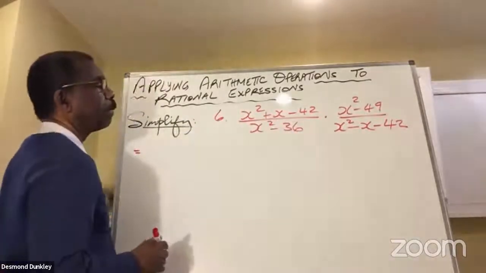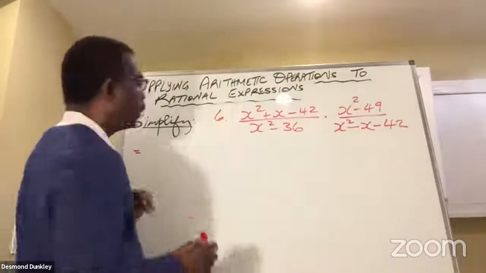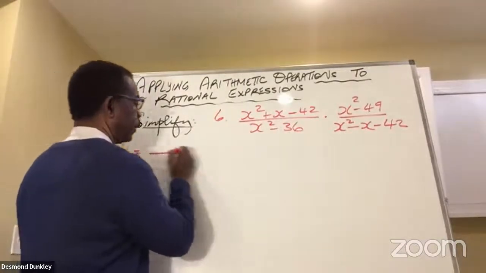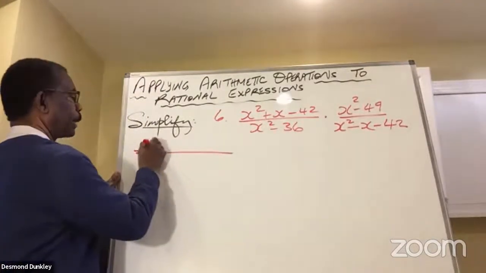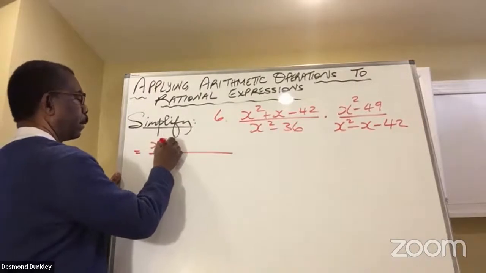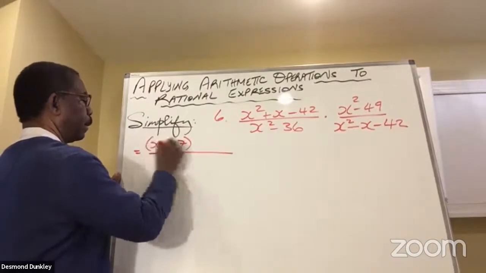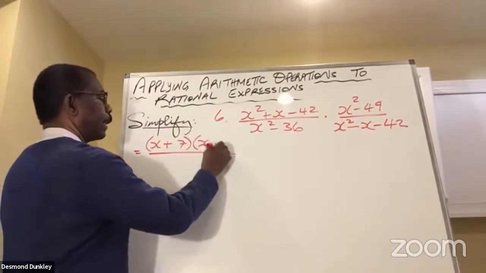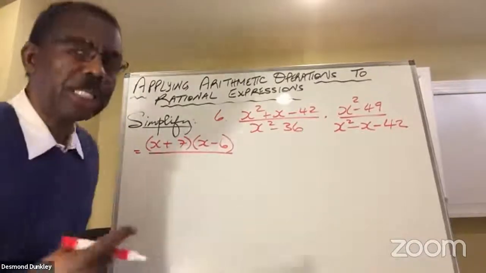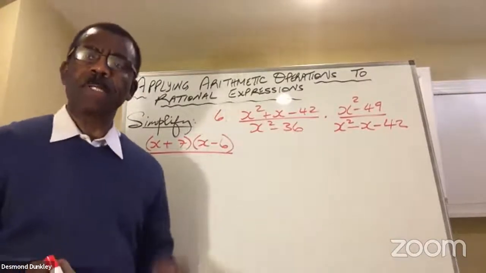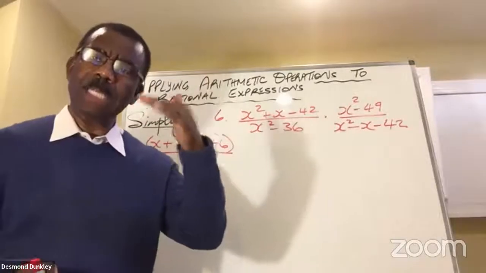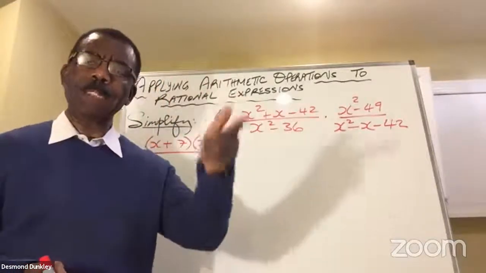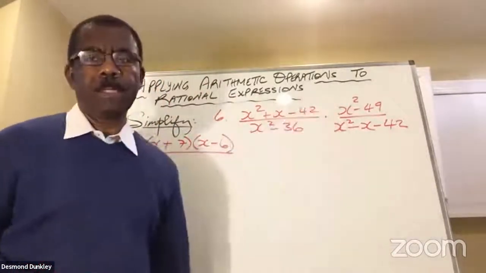So the x squared plus x minus 42, I think, is going to be x plus 7 times x minus 6. I am not teaching how to factorize in this session. I've already done that. There is another session that deals with how to factorize trinomials.